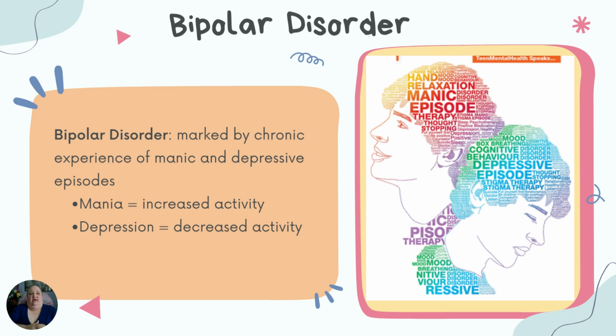So maybe the person will all of a sudden start all of these little projects all at one time, working 24 hours a day on them. And then all of a sudden they'll stop. They won't finish any of them. And then they'll have severe depression and they won't be able to get out of bed. So these are those highs and lows, and they can be cyclical.